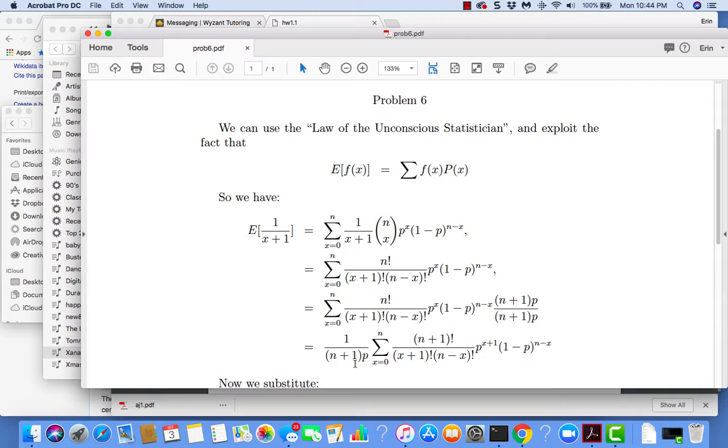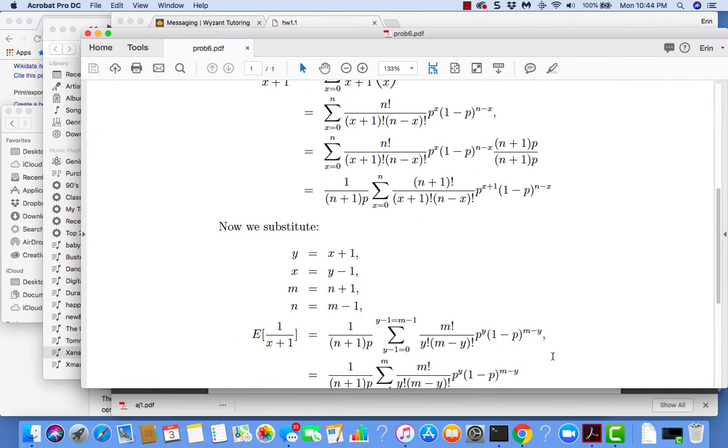So I pull 1 over n plus 1 times p out. I have n plus 1 factorial over x plus 1 factorial times n minus x factorial times p to the x plus 1 power times 1 minus p to the n minus x.